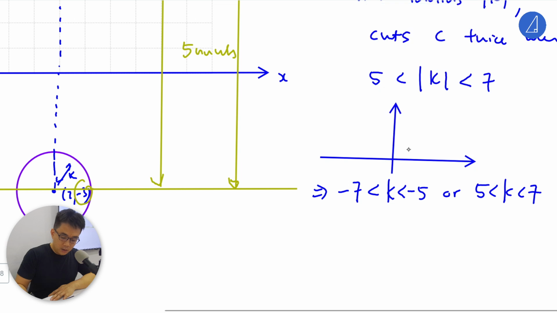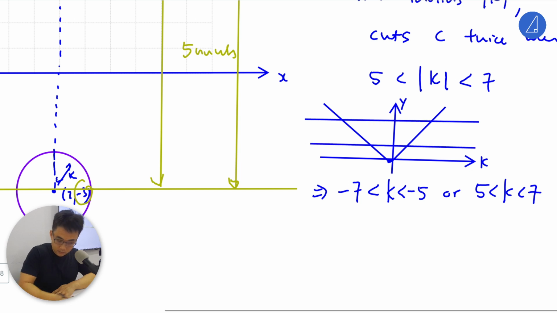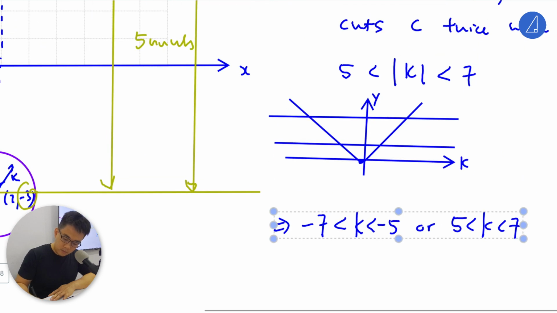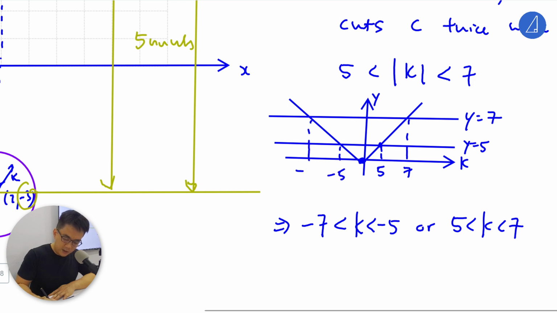Okay, this is modulus k. So I want it to be between 5 and 7. So I know that I take 5 here, 7 here, -5 here, -7 here.